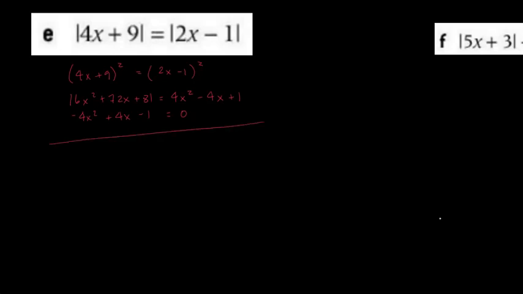So that is 12x squared plus 76x plus 80 equals 0.